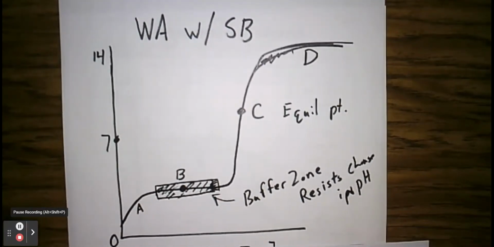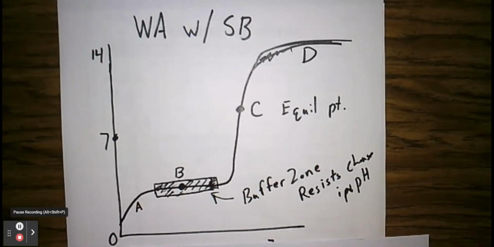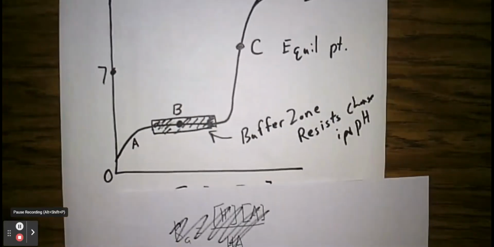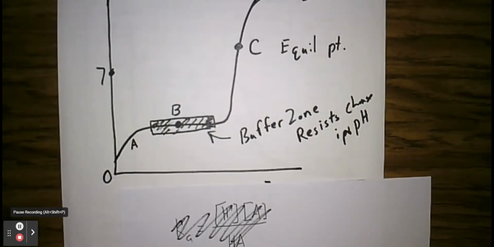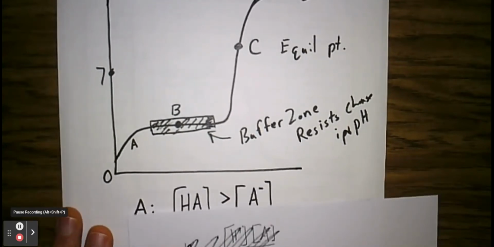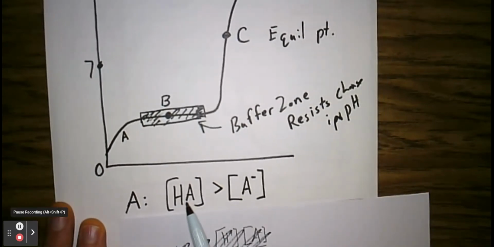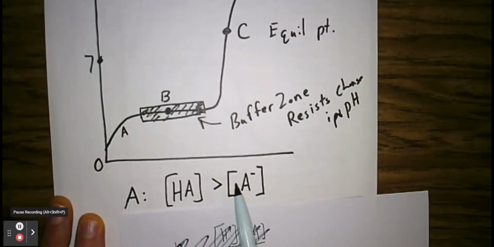All right. Now I've broken up the graph into a couple spots. This down here, A. Now since this is a weak acid, you're comparing different concentrations. Your concentration of weak acid is greater than your conjugate. All right.